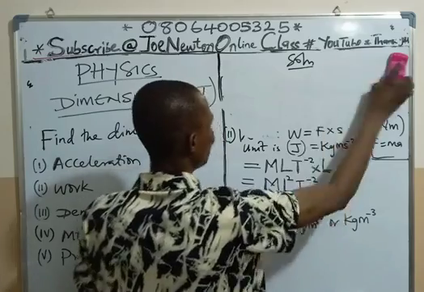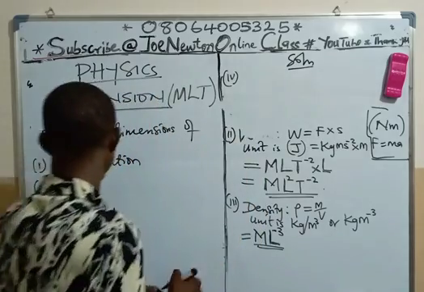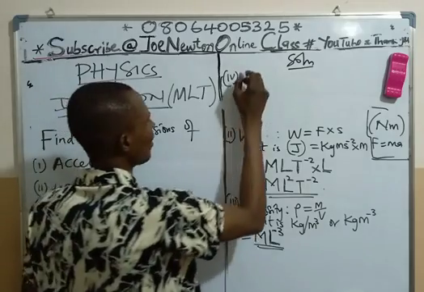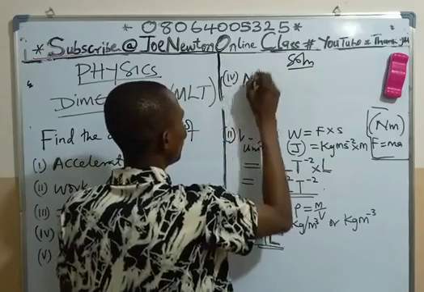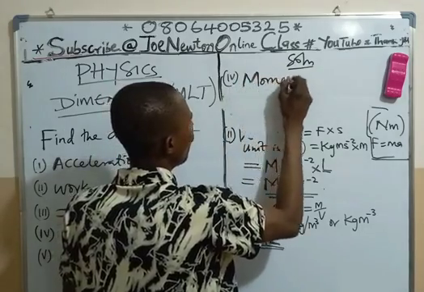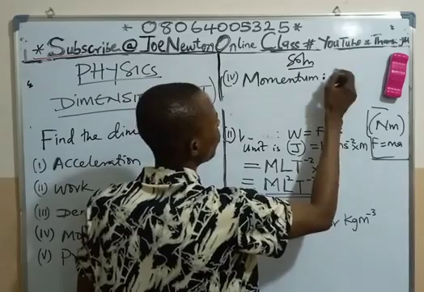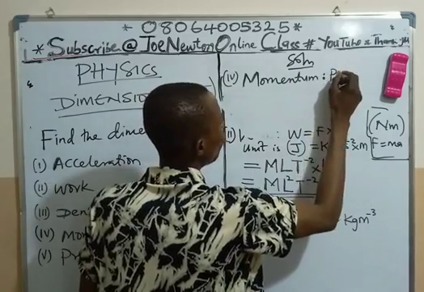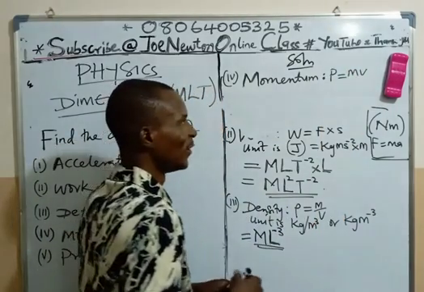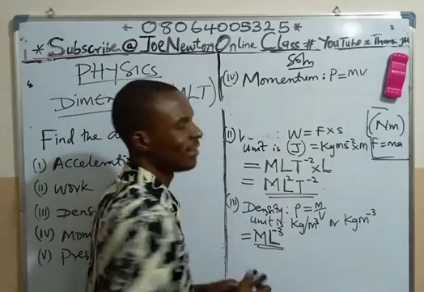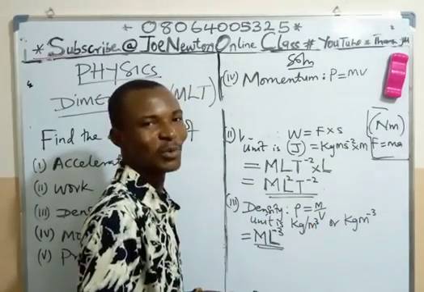Momentum. Good. For number 4, momentum is given as particle momentum P equals mv. That is mass times velocity. Having known what mass is and what velocity is, we can work out momentum.